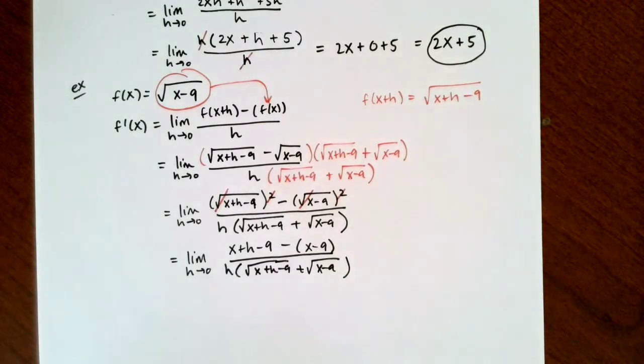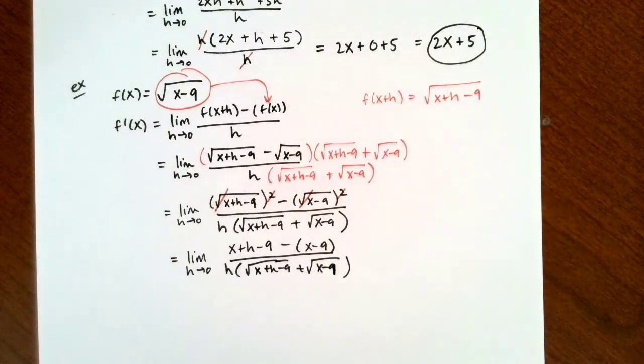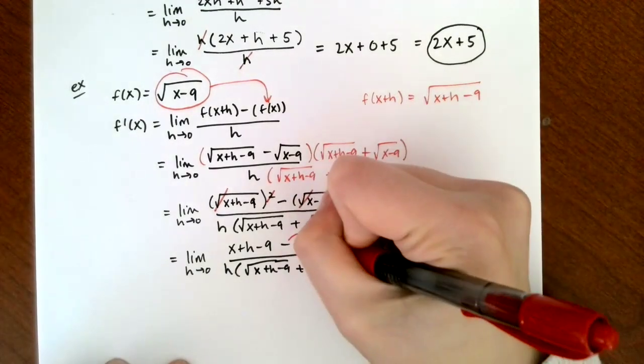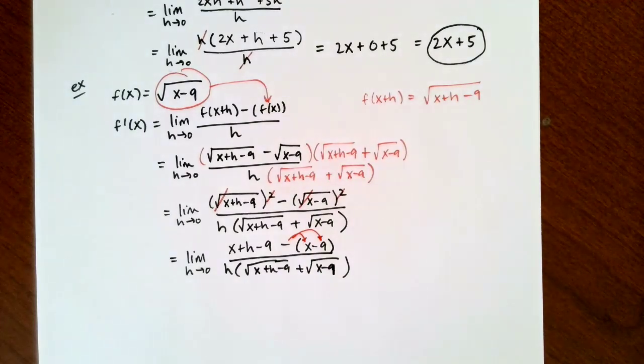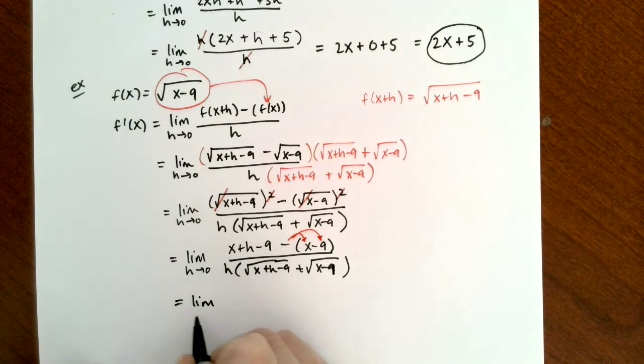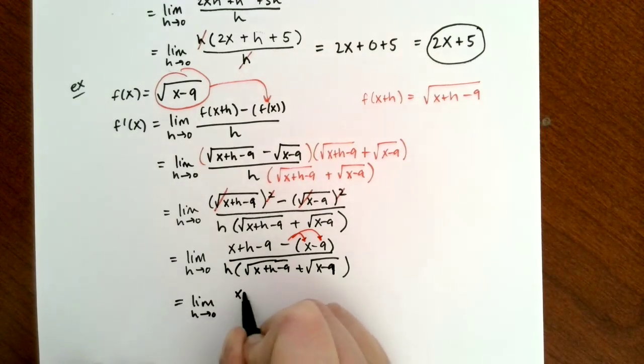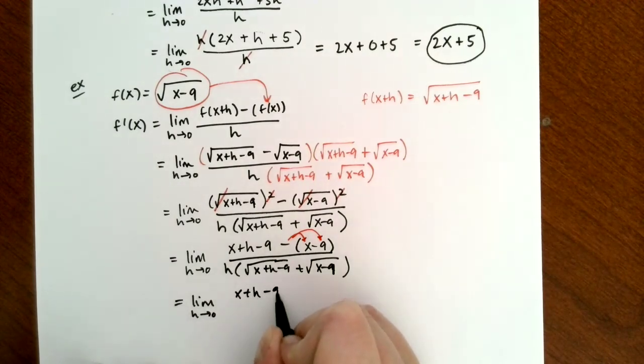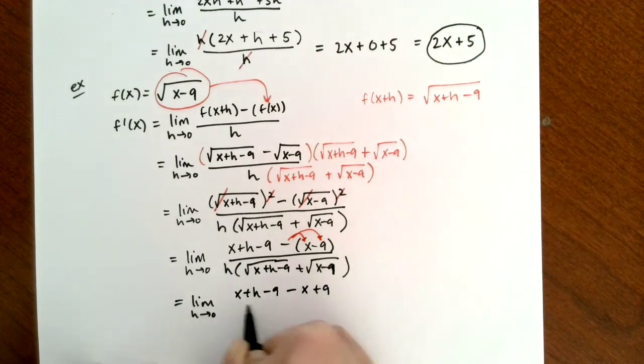So in my next step, I'm just going to distribute this subtraction into the parentheses to get minus x plus 9. X plus h minus 9 minus x plus 9.